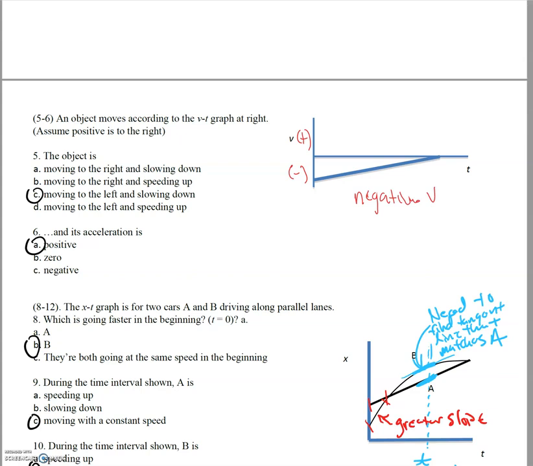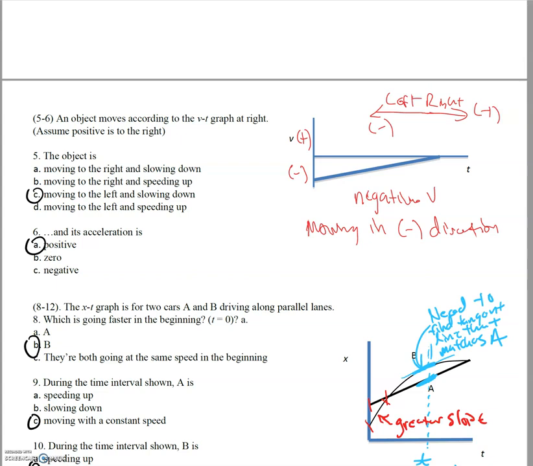So what does that tell us? That tells us we are moving in the negative direction. So if, again, to the right is positive, that means to the left is negative. So we must be moving to the left.